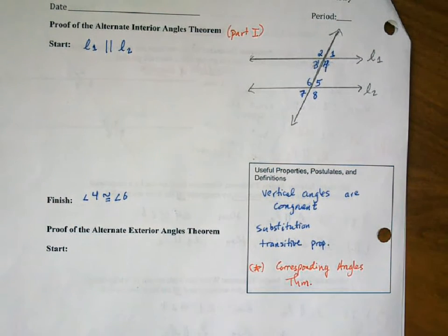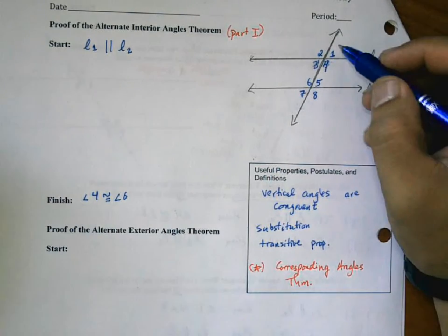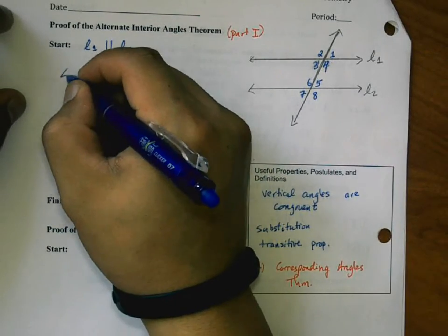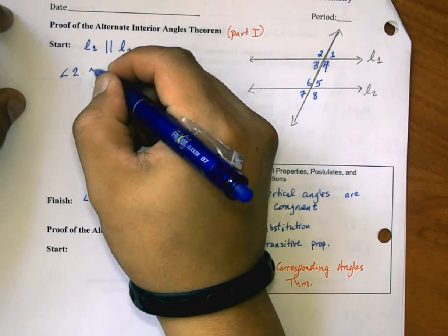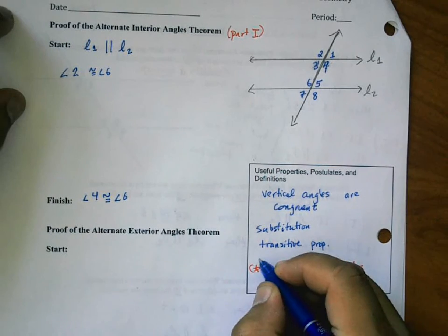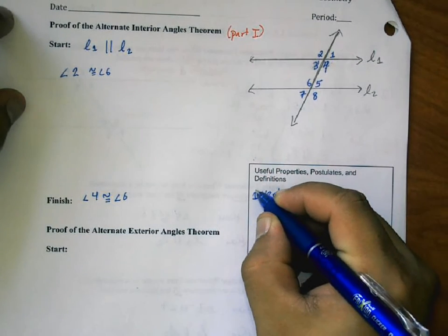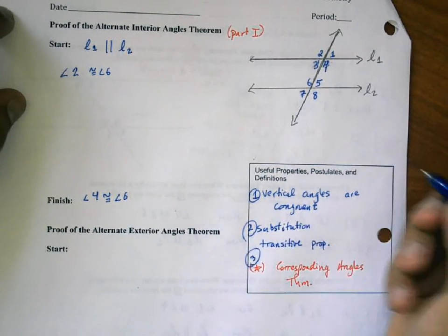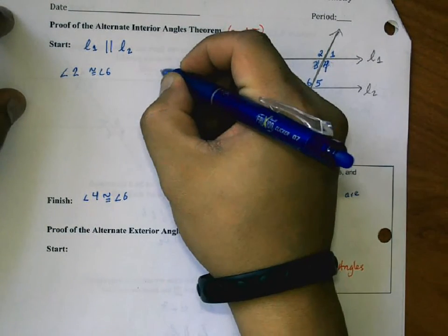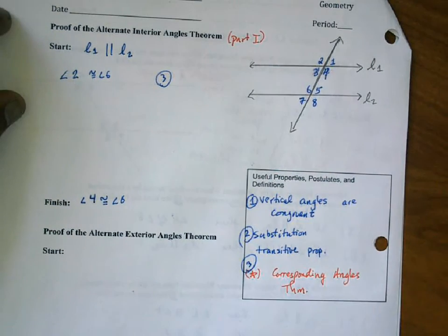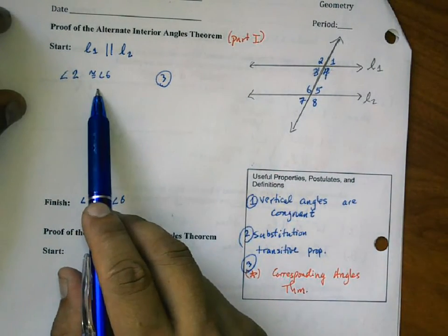I'm sorry, I changed my mind, and I want to explain why. So I can say that angles 2 and 6 are congruent to each other because of the corresponding angles theorem. And I should number these rules. Rule 1, rule 2, rule 3 here. So by rule 3, okay, that's true.